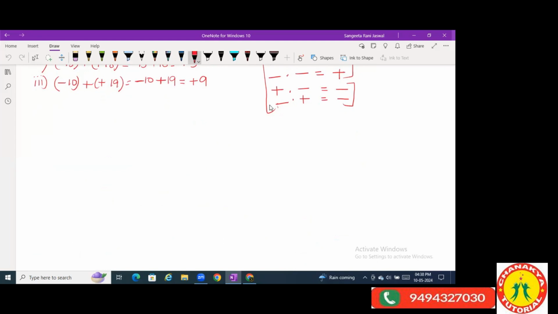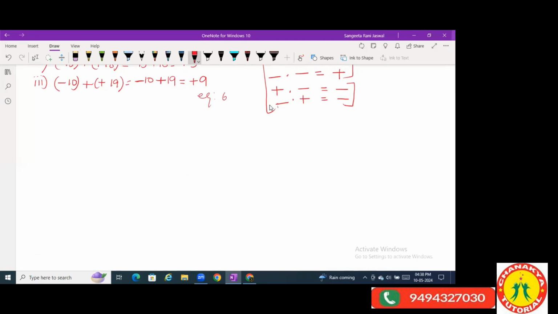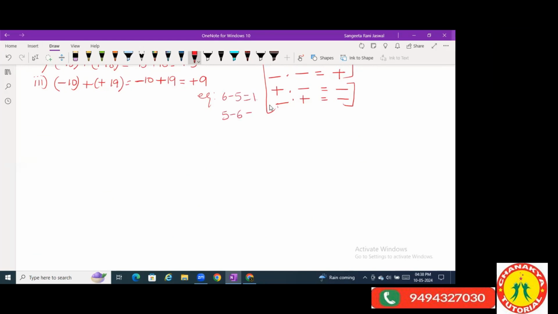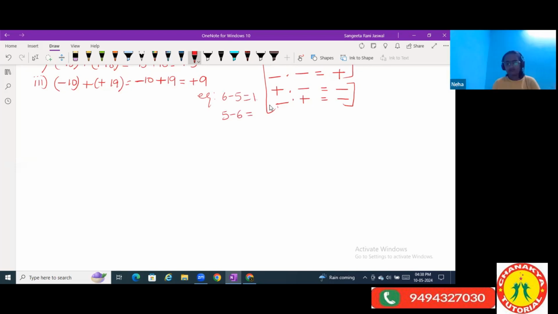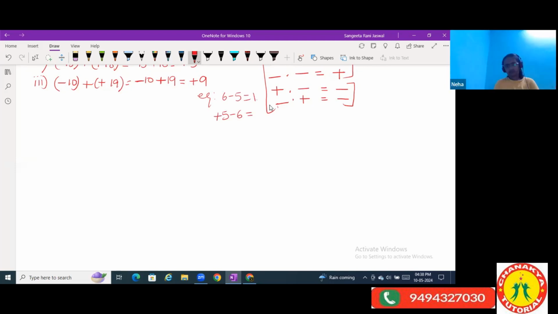I'll give you an example of numbers. Let's suppose 6 minus 5 is 1. And what about 5 minus 6? Negative 1. Now here, since you have done so many sums, 5 minus 6 means when you take it on the number line, you just do the subtraction.